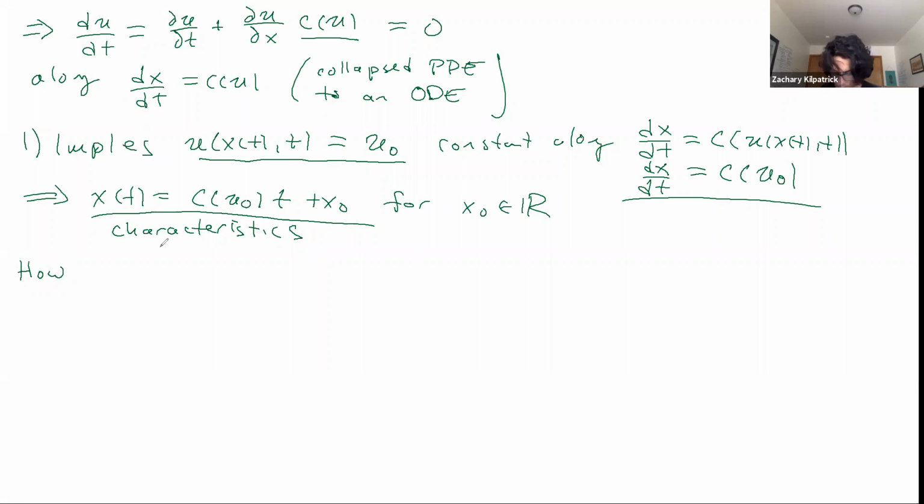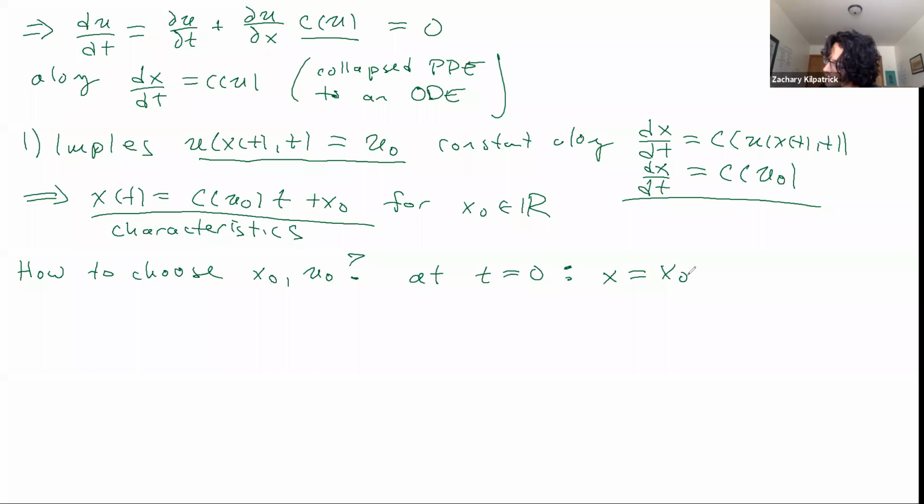Now, there's still a couple of things that are floating about that we haven't really defined, okay? How to choose x0 and u0. They just seem to sort of be free constants at this point. Well, first of all, we know that at t equals 0, x is equal to x0, okay? So we have a mapping basically between x and x0, okay?